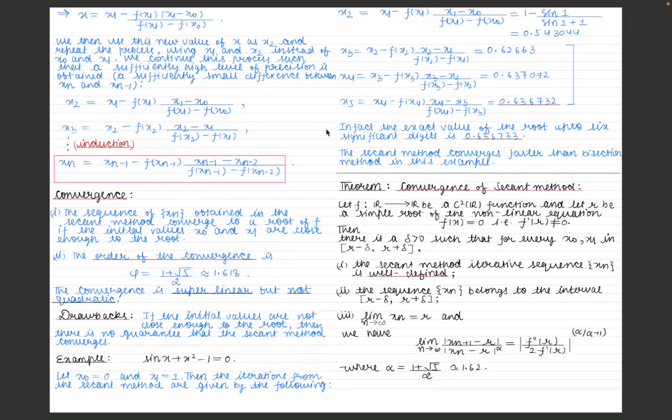We have already seen this in the bisection method, and we have seen that the order of the bisection method is linear, or at least it is not super linear. So the secant method converges faster than the bisection method in this example.